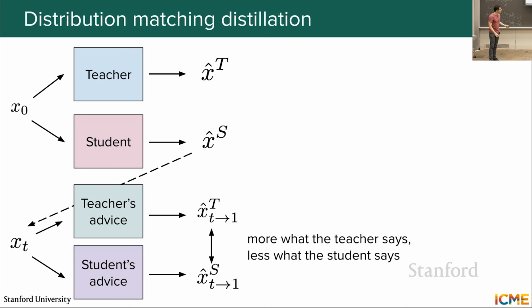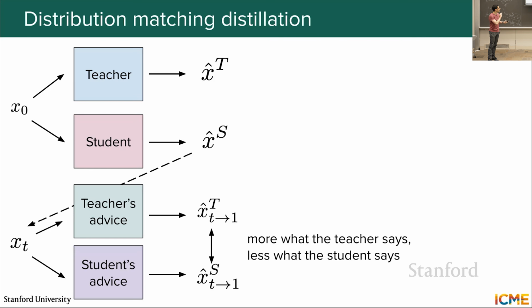Then use their results to infer what pieces of advice the teacher and student models would respectively give to produce the clean image, and use that signal to inform what the student prediction should be. So we're going to look at this loss in detail in a second.